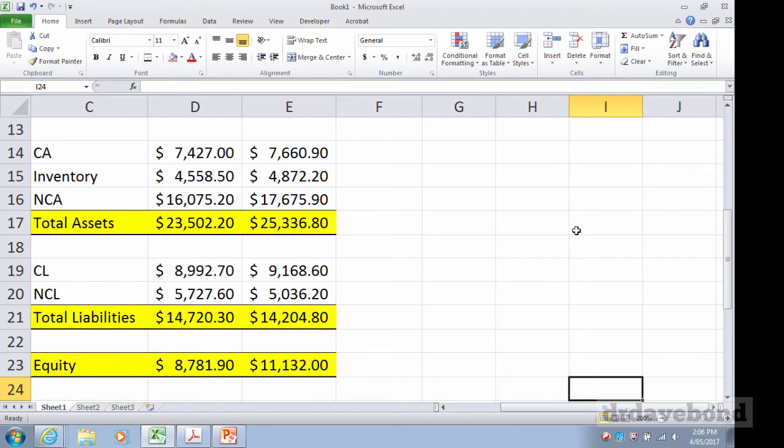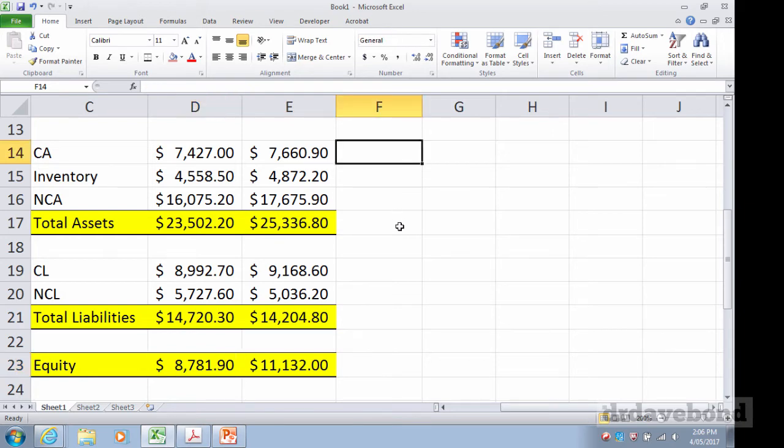With the exception of inventory, I've just taken the 4 key subtotals: current assets, non-current assets, current liabilities, non-current liabilities, total assets, total liabilities, total equity, and then, because we're going to need it later on, I've included inventory. So you can see that they've got $23.5 billion of assets, $14.7 billion in liabilities, and $8.7 billion in equity. That all comes from that financial statement in front of you.